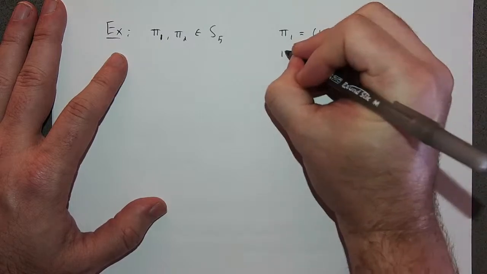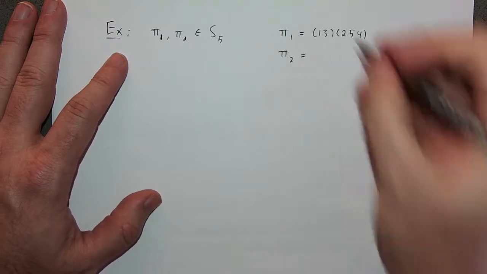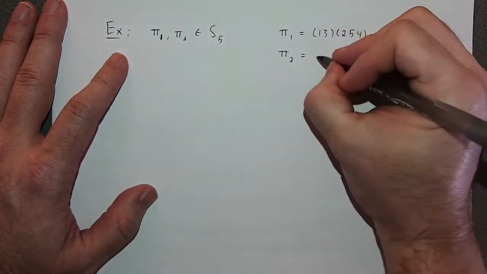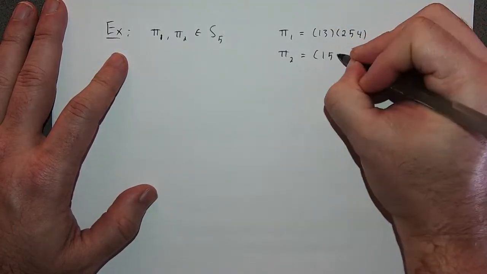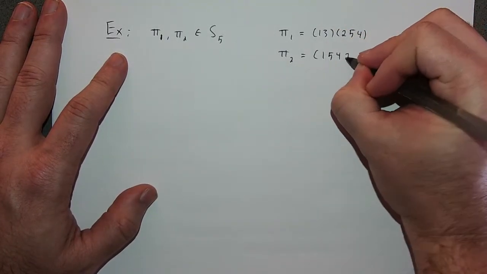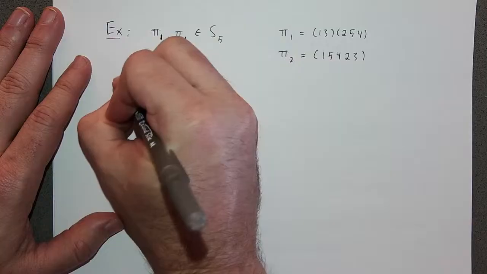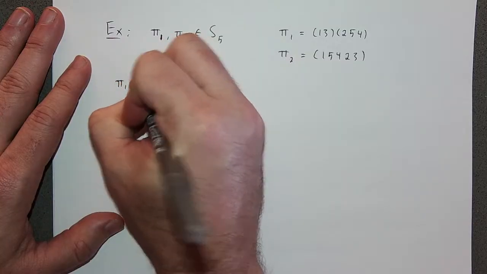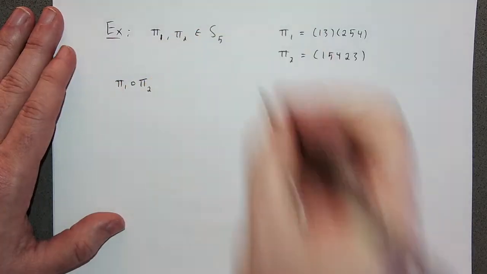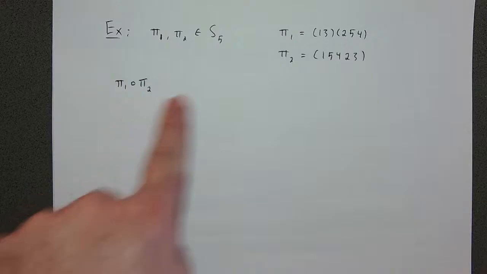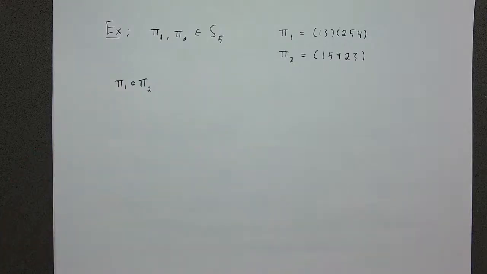And we'll let pi sub 2 be 1 long cycle, 1, 5, 4, 2, 3. And let's compute their product. This is their product in S sub 5.